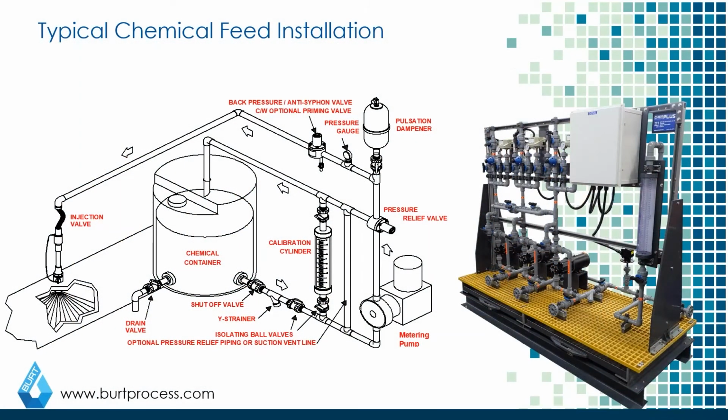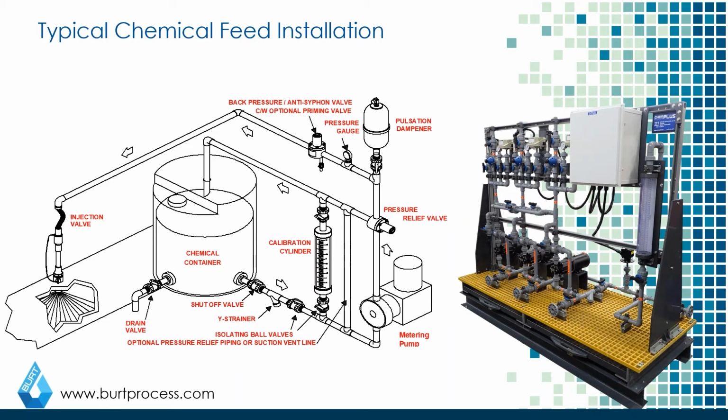What is a typical chem feed setup? Just to clarify, a chem feed setup consists of a pumping system, where that's a metering style pump, peristaltic pump, or air operated pump, which is designed for precision chemical injection. They often have accessories to the chemical they're utilizing, such as pulsation dampeners, back pressure valves, calibration columns, and controls.